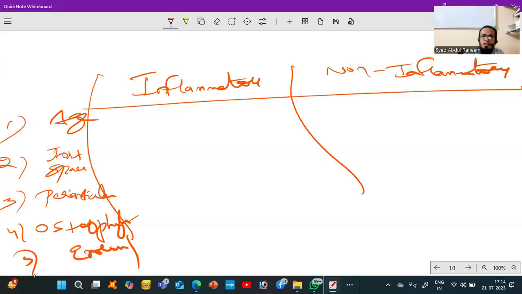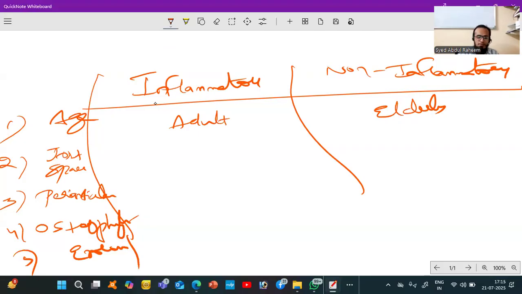Okay. Age. Inflammatory is mostly in adults. Degenerative is mostly in the elderly. So if a 60-year-old comes with joint pain, mostly it is non-inflammatory degenerative. If a younger person comes with the pain, it is inflammatory. So we have to know about that.